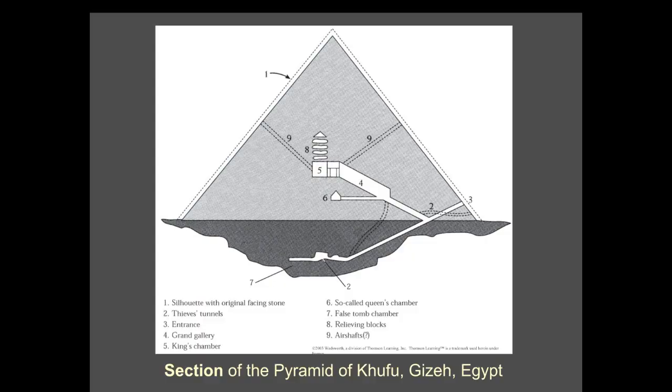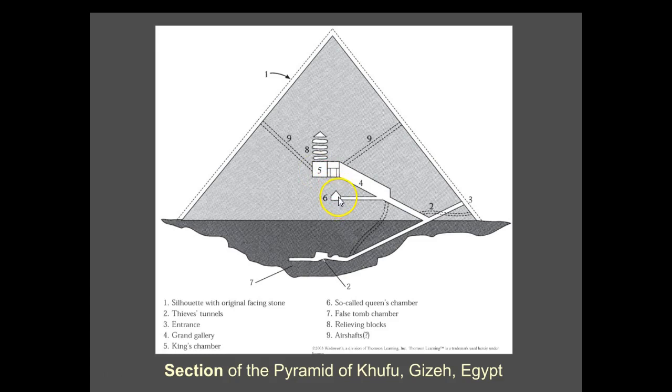All right. So this is what the pyramid of Khufu at Giza looks like. We've got the silhouette of the original facing stone. So again, it was even bigger. 2, these little guys here are thief tunnels. So thieves tunneled in. We've got 3, the entrance. 4, we come up to the Grand Gallery. 5, we've got the King's Chamber. 6, what they believe is the Queen's Chamber.